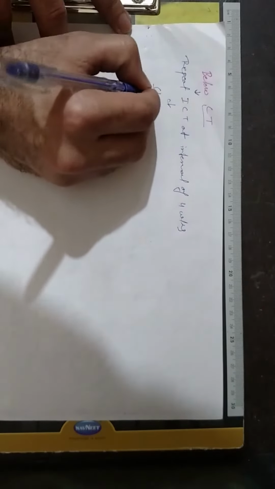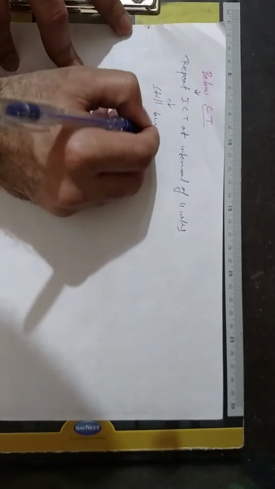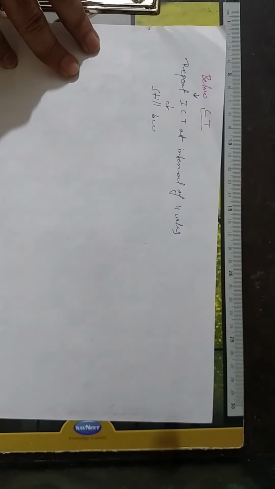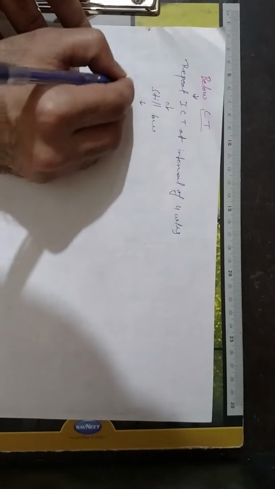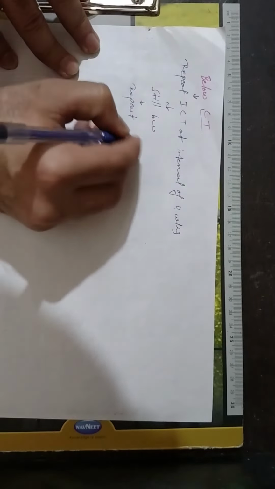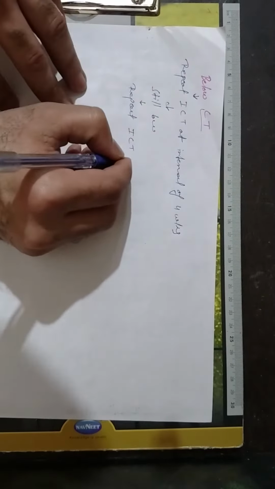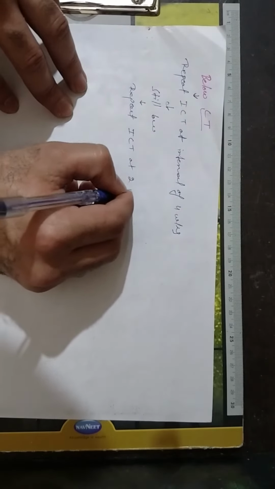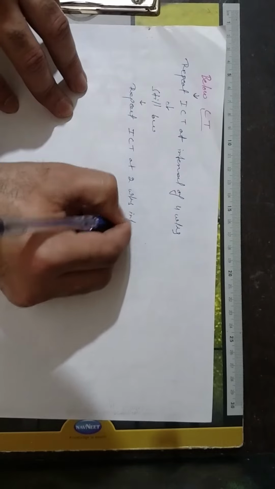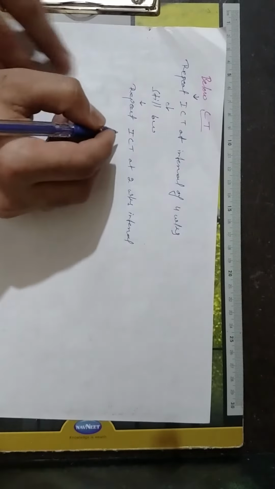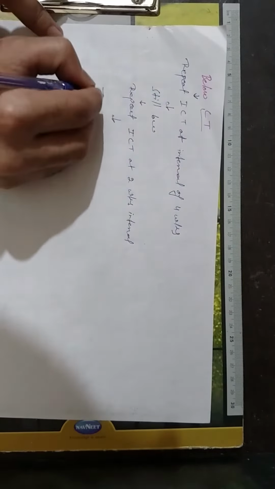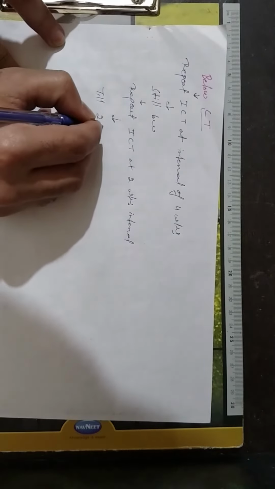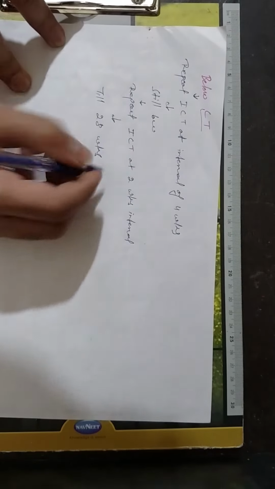If it is still low, still less than 1:16, now we repeat ICT at 2 weeks interval. Keep on repeating till 28 weeks.